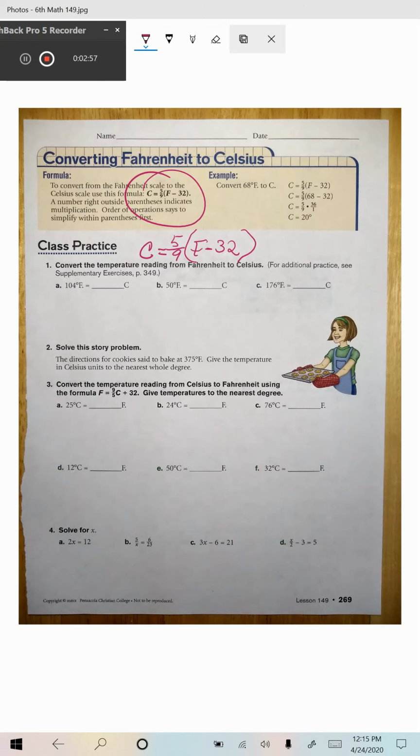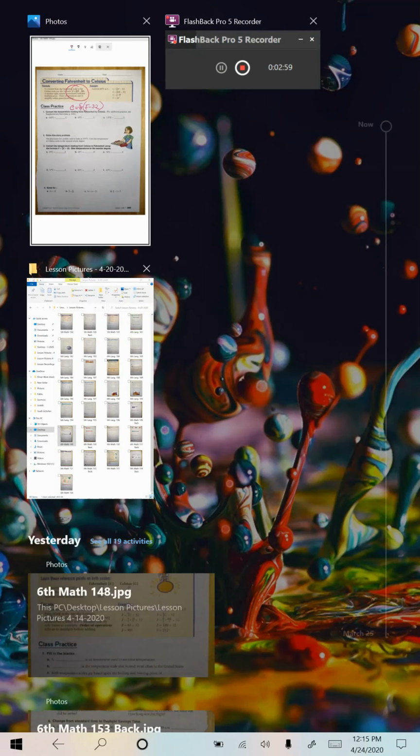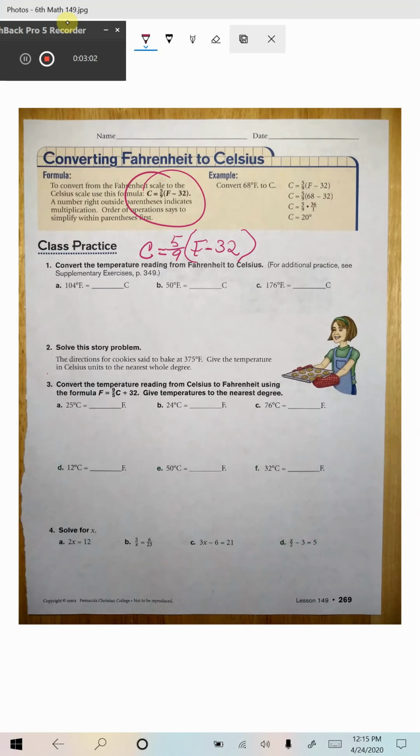So here's our formula. We have 104 degrees Fahrenheit. So we're going to take that 104 degrees and we're going to subtract 32 from it to begin with. All right. And that would be 72. I get 72. At that point, then we would multiply that by the 5/9.